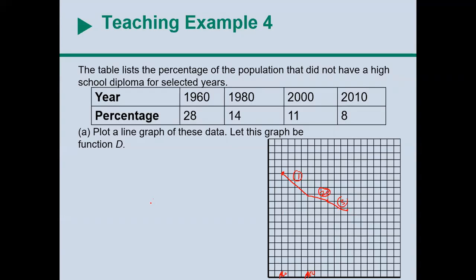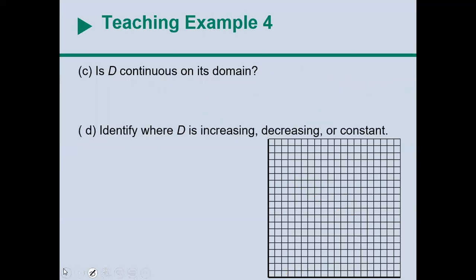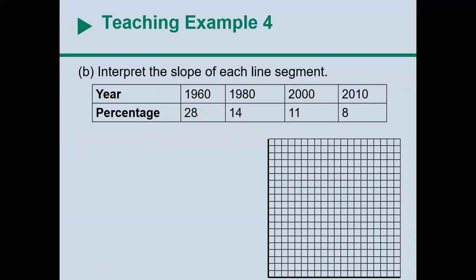That's how you know that it can be a piecewise. So for each line, I would find the slope. This would be my M1, M2, M3, okay? So we're going to find each one.